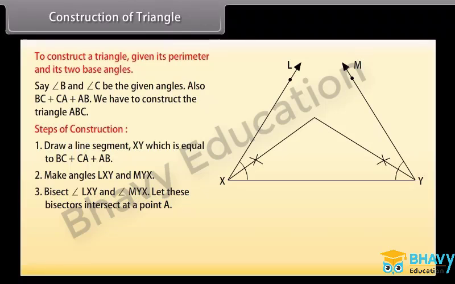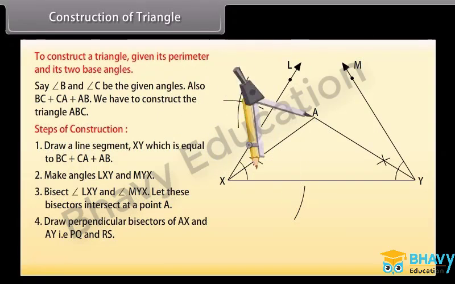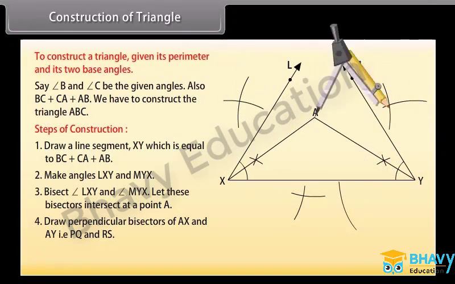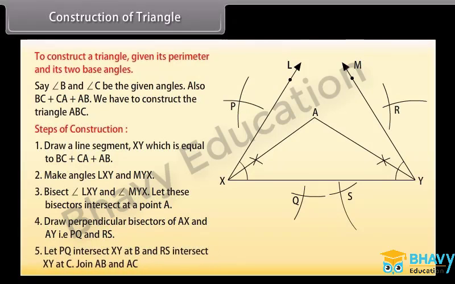Let these bisectors intersect at a point A. Next step is to draw perpendicular bisectors of AX and AY, that is, PQ and RS. Let PQ intersect XY at B and RS intersect XY at C. Join AB and AC. Then ABC is the required triangle.